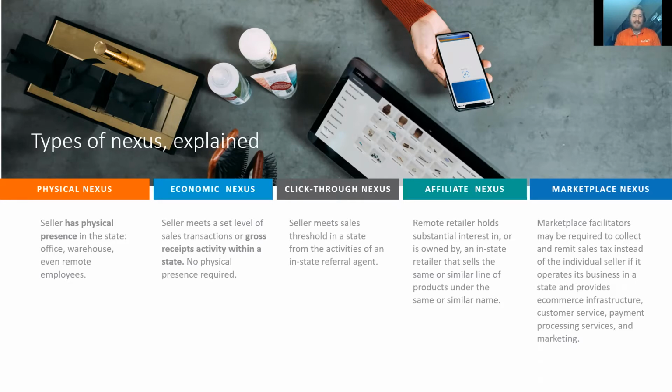Click-through Nexus, right? This is one that folks don't think about as much, but it involves cookies on your website. If someone goes in, clicks on it, they use your software. Technically, I think maybe Massachusetts and maybe a few other states are the ones that have this, but you own the cookies, the tracking mechanism for your website.